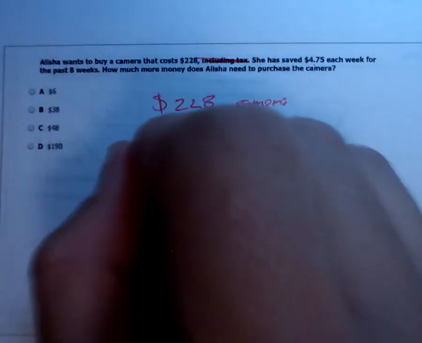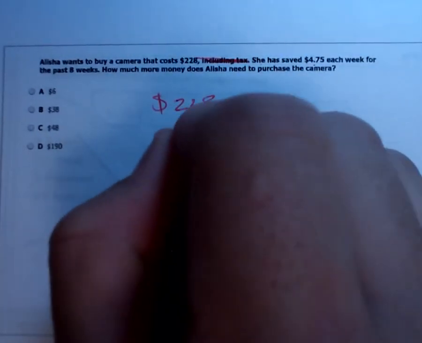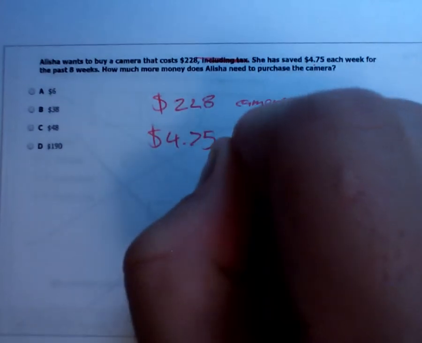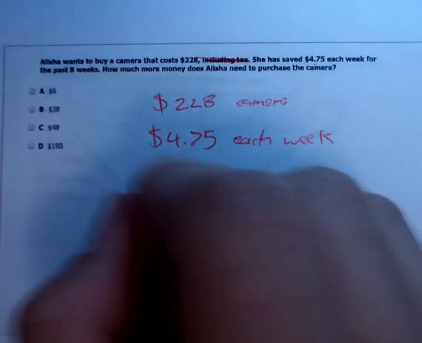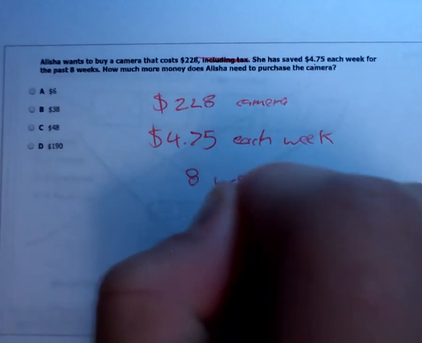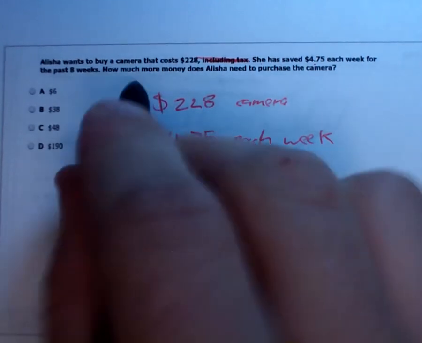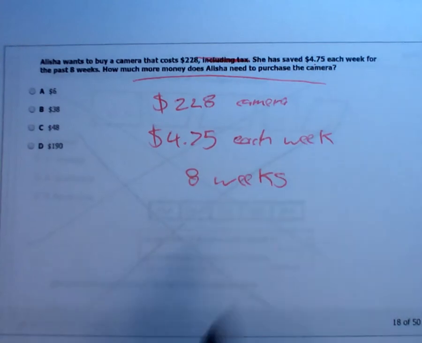All right. She has saved $4.75 each week. So a $228 camera. 4.75 each week. All right. And then 8 weeks. So how much more money does she need to purchase a camera?